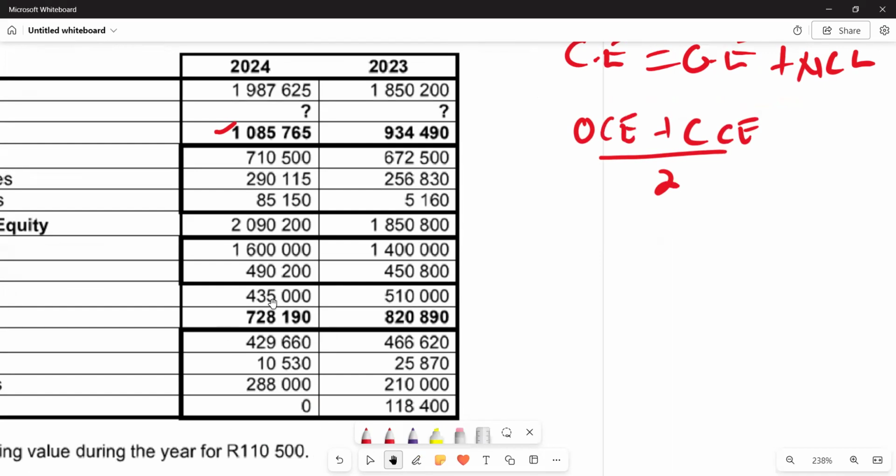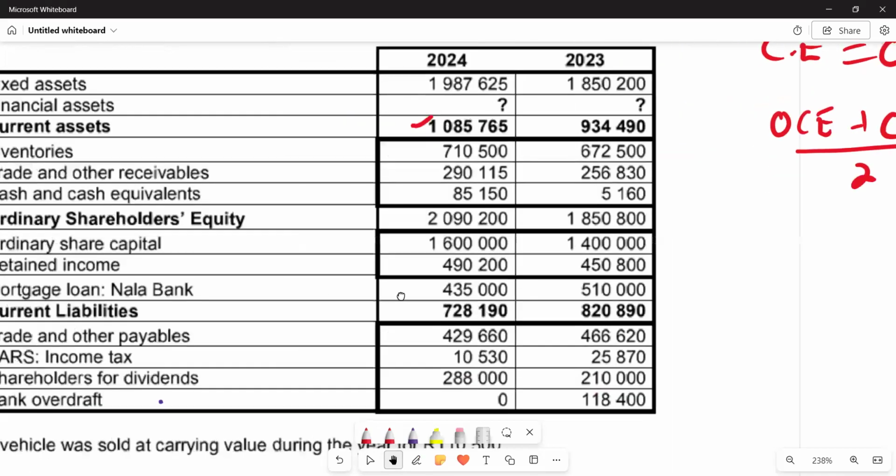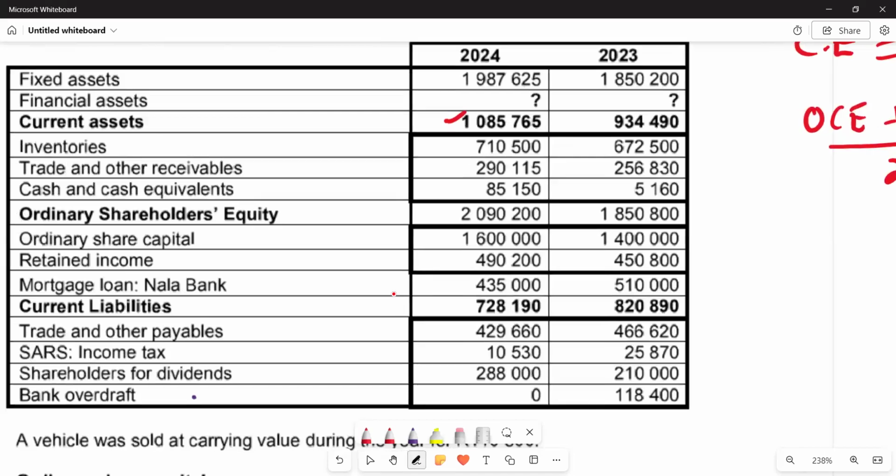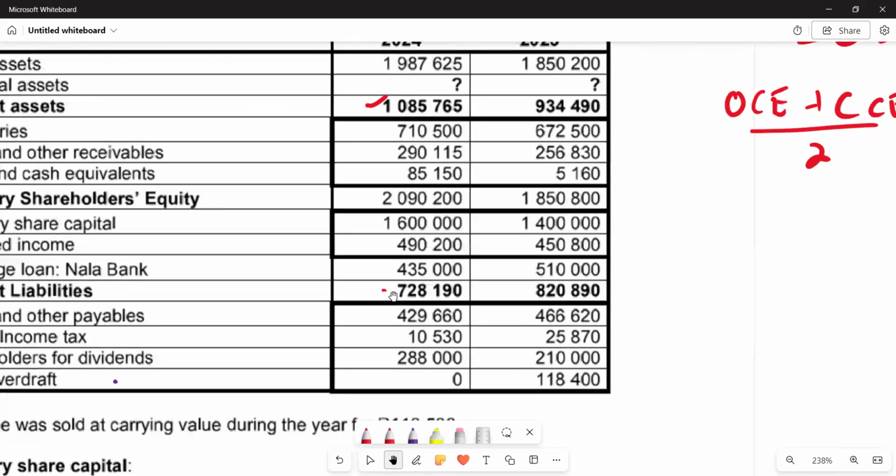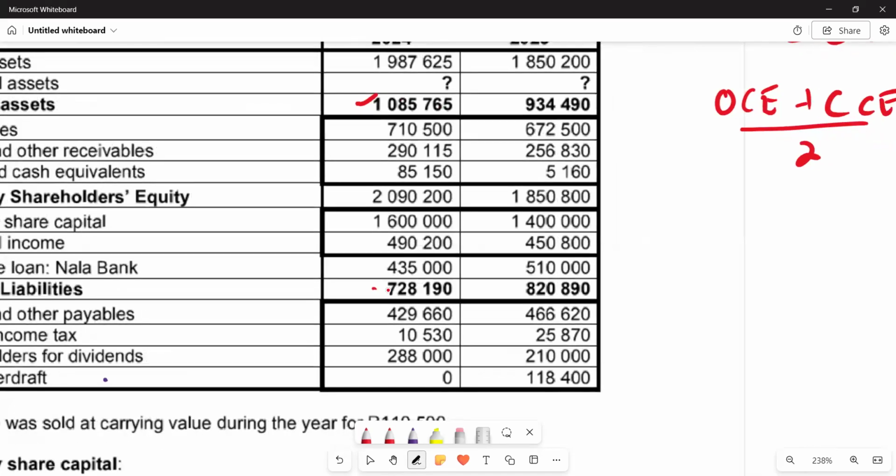So we are saying for the opening capital employed, we are going to say our owner's equity, which is 1,850,800 plus non-current liabilities, which is our mortgage loan, a non-current liability, which is 510,000. So basically, for opening we have got 1,850,800, and then we add the figure for loan, that is 510,000.